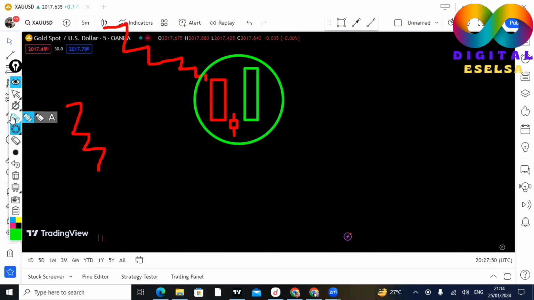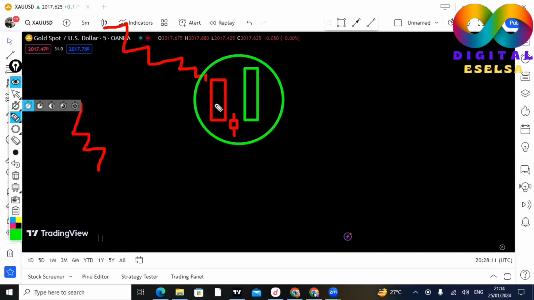What is the principle behind this candlestick formation? The sellers were in control of the market. The sellers were moving the market down with this strong selling pressure or strong selling momentum. And then finally, we started noticing by this last candle that the power of the bears or the sellers is now reducing.